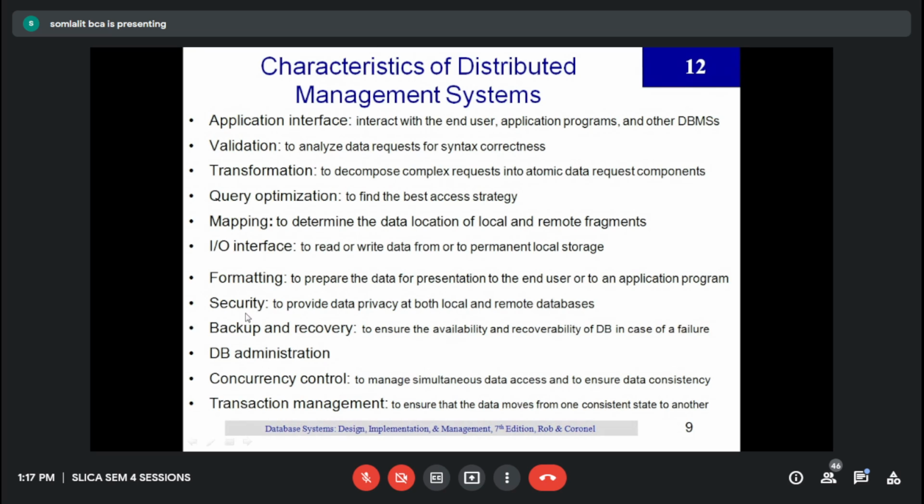Database administration, what operations are included in database administration? डेटाबेस एडमिनिस्ट्रेटर का काम क्या होता है?